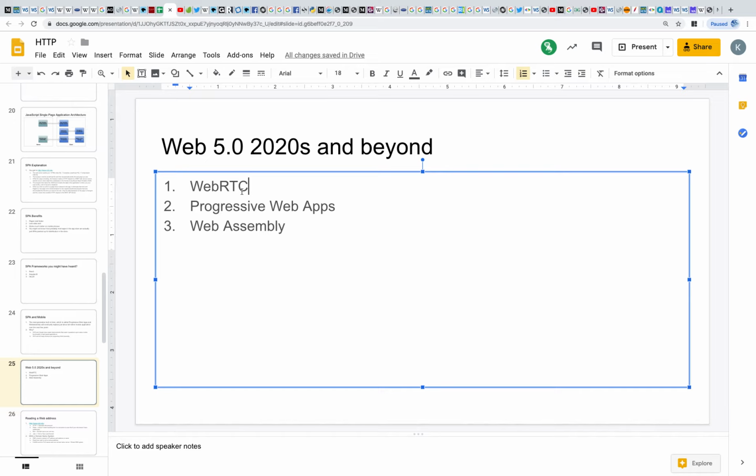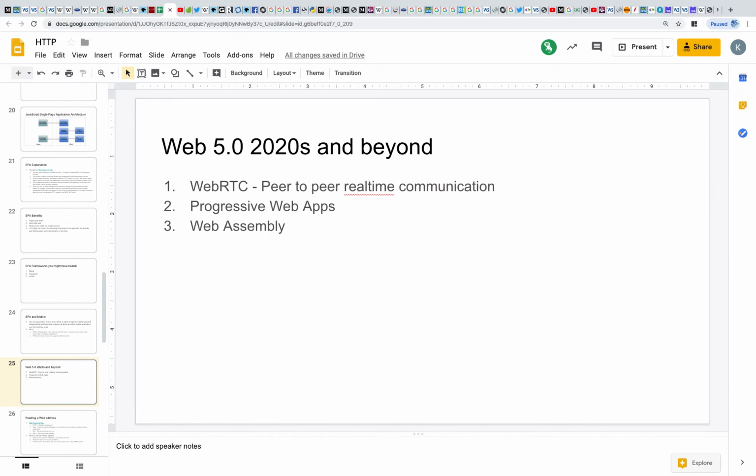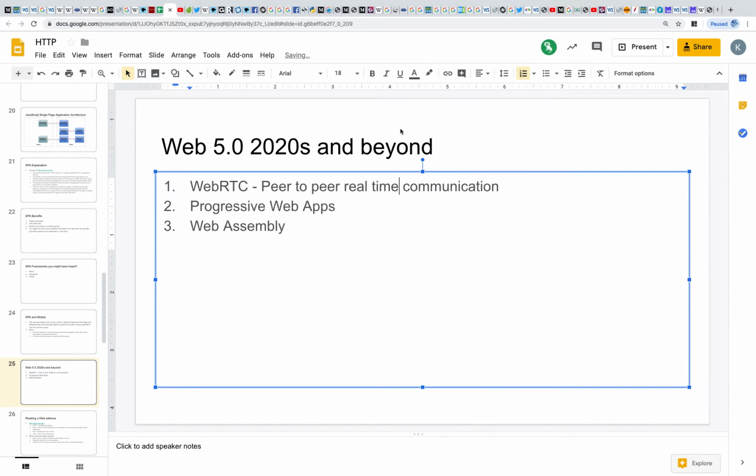When you put these three technologies together, we have peer-to-peer real-time communication, offline advanced web applications, and native code / virtual machine in a browser, with all this other stuff attached to it too.